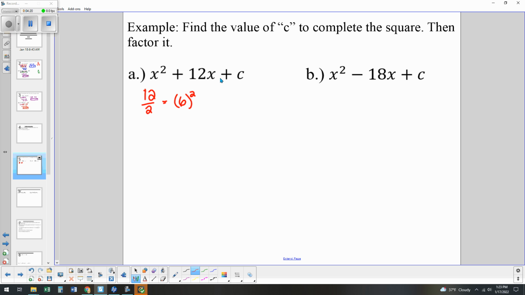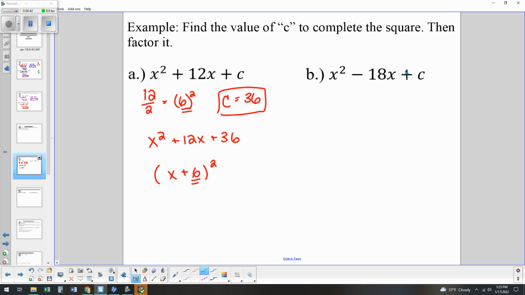So 6 squared is 36, so c would be 36, which means this would really be written as x squared plus 12x plus 36, and I know that this can be factored to x plus 6 squared. The same 6 I got here is the 6 that went here. If we look at b, take the b value and cut it in half, and then we square it.